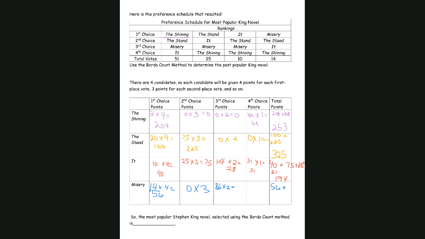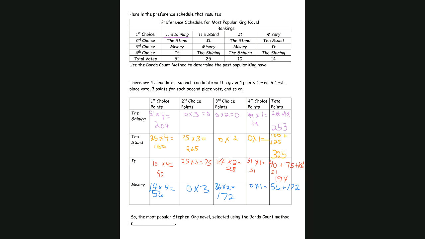And 86 times 2 is 172. So 56 plus 172. And then it was not considered the fourth choice by anyone. So 0 times 1 is 0.